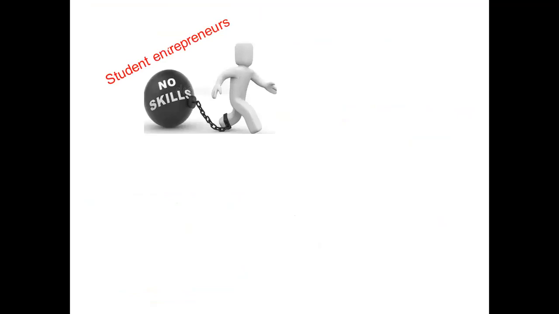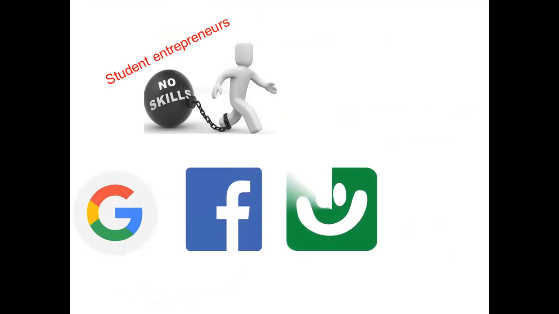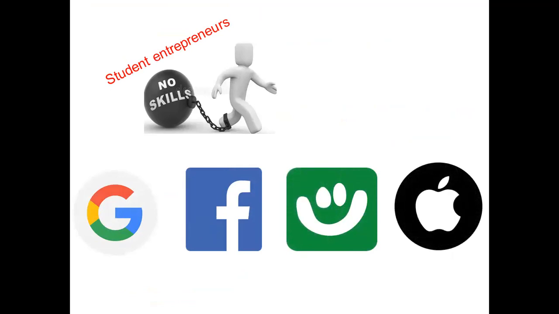Then the last one is that student entrepreneurs have no skills to start a new business. So here are some examples. We have Google, we have Facebook, we have Friendster, we have Apple. They were all students when they were following their passions, and they created something that has disrupted the global industry, and not only the industries where their product was.